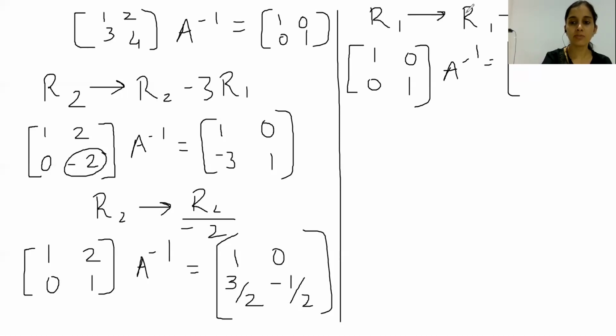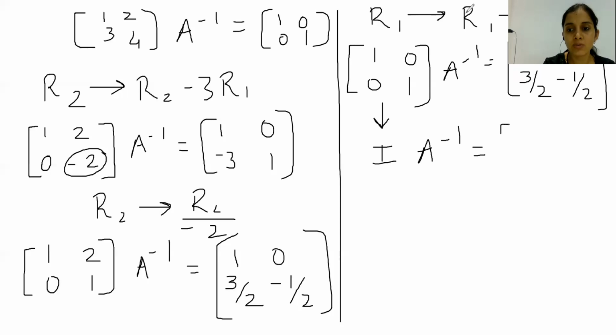The second row remains the same, nothing changes in that, 3 divided by 2 and minus 1 divided by 2. Okay, so we have minus 2, 1, 3 upon 2 and minus 1 upon 2. And if you observe, this has changed into an identity matrix. A inverse is equal to minus 2, 1, 3 upon 2 and minus 1 upon 2.